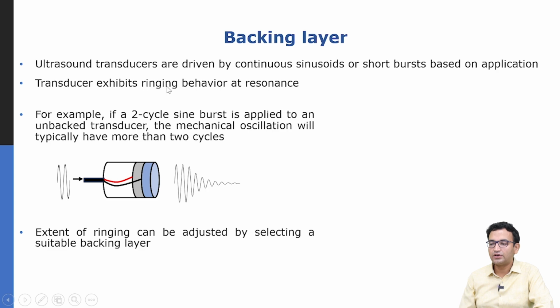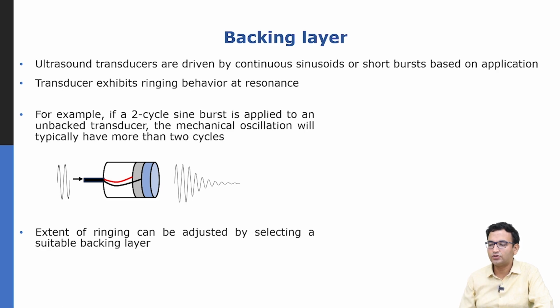At resonance, the transducer exhibits ringing behavior, and for example, here if we take a transducer and excite it with a 2 cycle sine burst, even after this sine burst has ceased to exist in time, you still have signal coming out from the transducer. This is because of the inertia of the crystal, and this is not good for imaging because this ringing increases the spatial pulse length, which actually adversely affects the axial resolution.